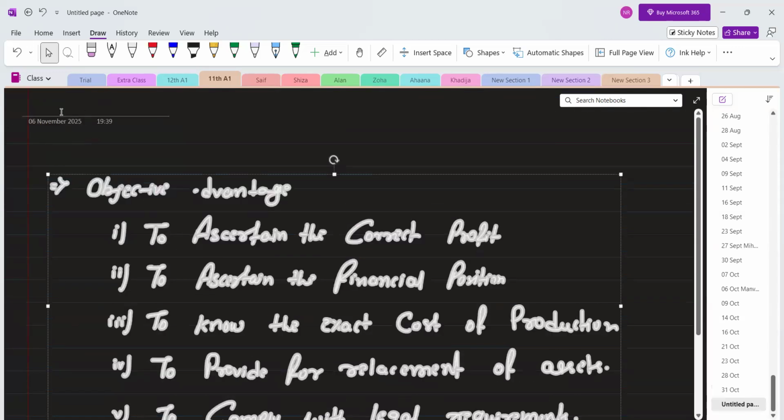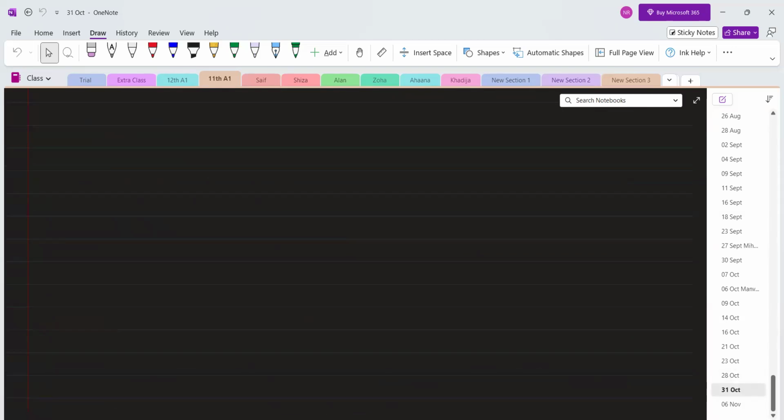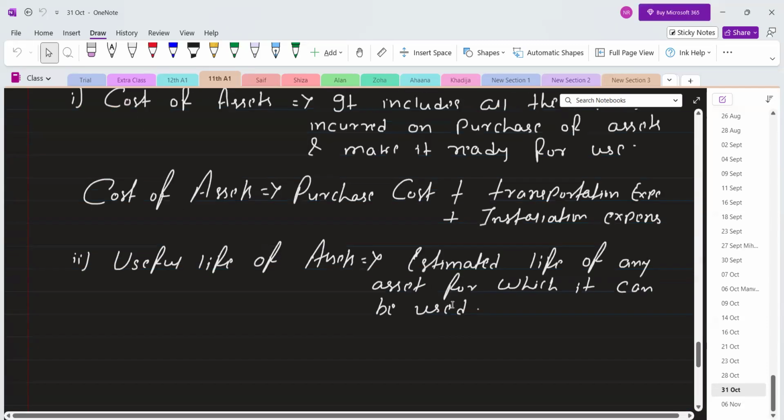I remember finishing the final account. I didn't write the depreciation. You have not written anything? Depreciation, I didn't write it. How is it possible? Our previous class, let me check when it was. Yes, it was 30th October. Sorry, 31st October.